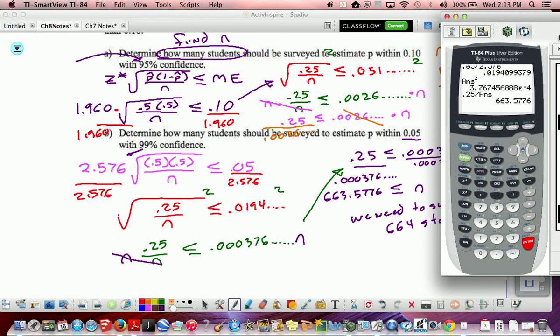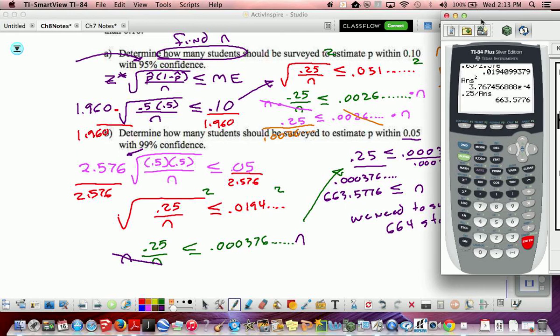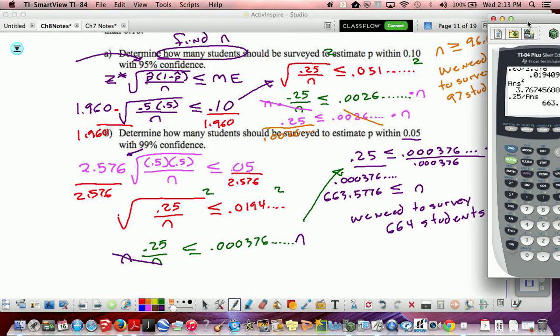To get rid of the square root, I squared both sides. So then all of a sudden you can see here in green I get this 0.000376. Notice how here it says e to the negative 4 on my calculator? That means I have to move this decimal over 4 spots, hence the 3 zeros. So then I multiply both sides by n, so it clears the n out of the denominator.